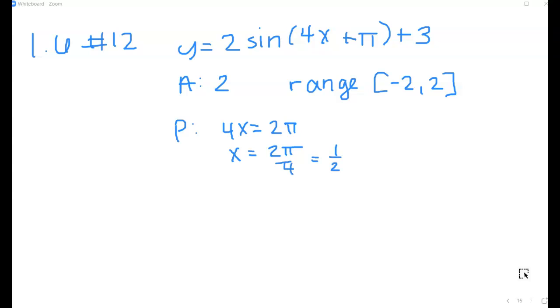So what that means is the period is 1/2 pi. So instead of taking 2 pi to go through one cycle, now it occurs in 1/2 pi. That means that this is rapidly occurring. It means that it is increasing the number of cycles. So your graph is going to look much skinnier and higher.